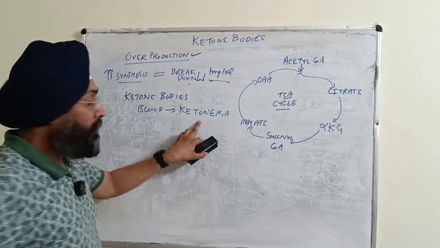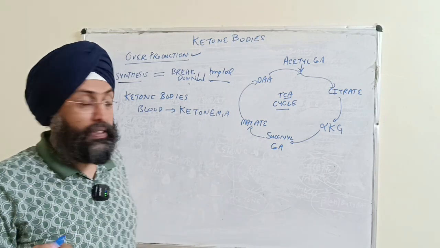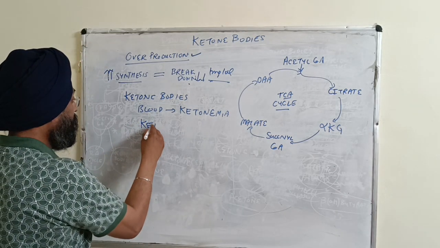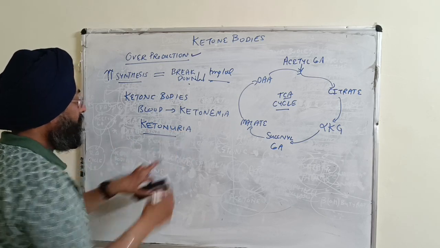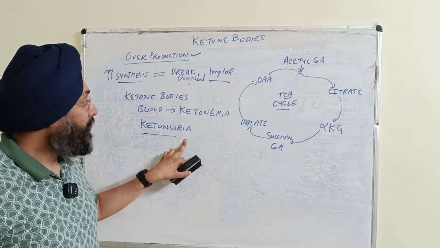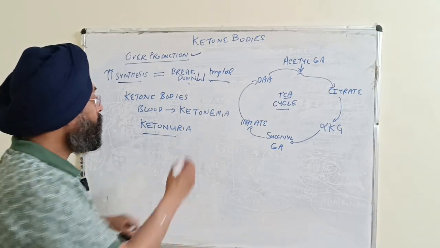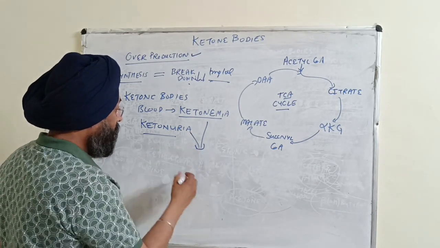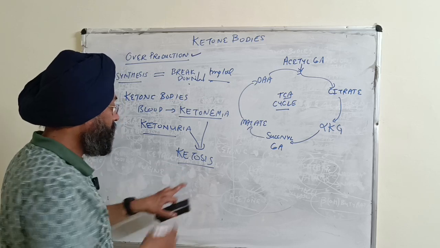When the level increases further, the ketone bodies start appearing in urine, and it is known as ketonuria, right? Both commonly are known as ketosis, right?